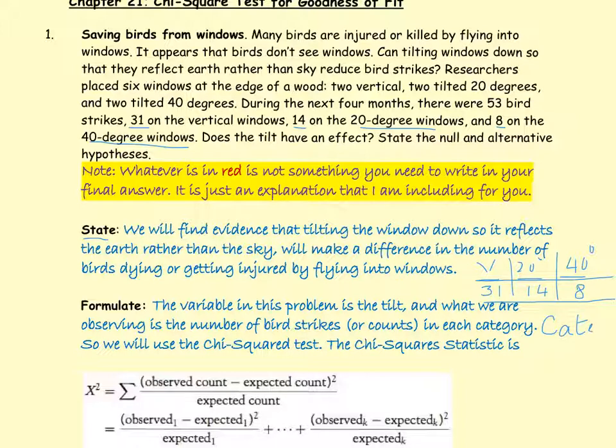If we have a categorical variable with the counts given and we need to do a hypothesis test because we are trying to prove something here, we need to do a chi-squared test. And to start off the chi-squared test, we need to calculate the chi-squared statistic, take it to table D to find the p-value, and then finally we make a conclusion just like any other hypothesis test.